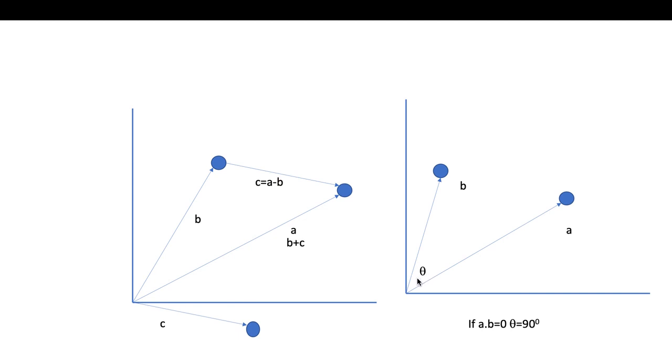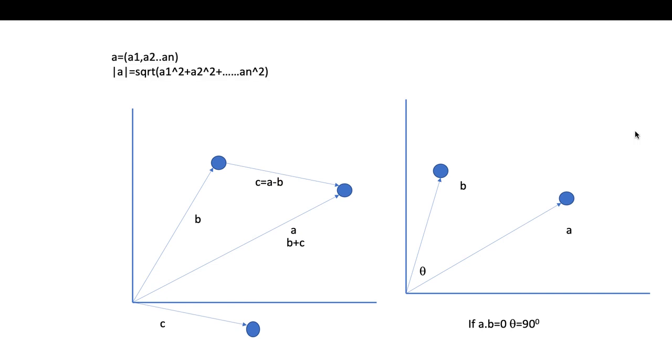In the reverse way, we can say that if the dot product of a and b is 0, then the angle between these two vectors is 90 degrees. So these are the two linear algebra concepts that are required to understand the maths behind SVM.